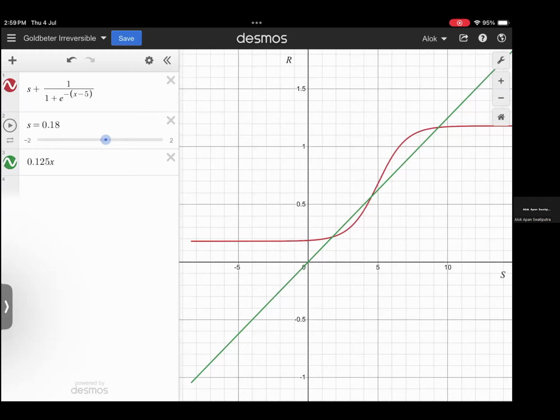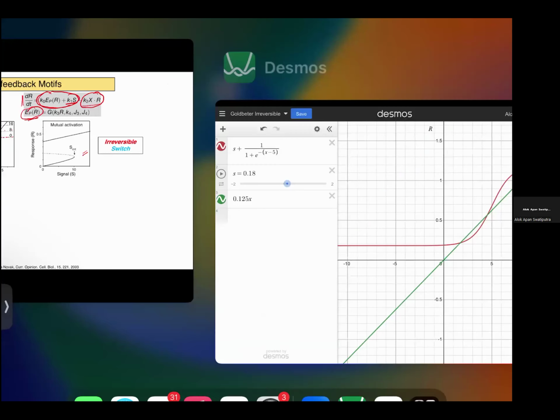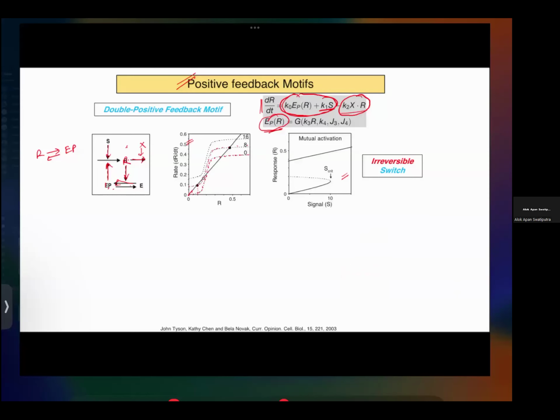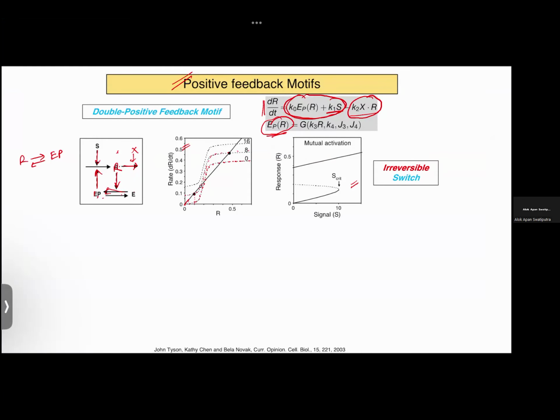Now take a look at this. For all values of positive signal strength, the upper steady state exists. As you increase your signal strength, the distance between these two steady states decreases. And also I must mention that this is stable, this is unstable, and this is stable.